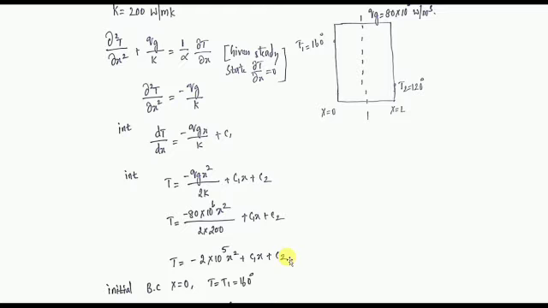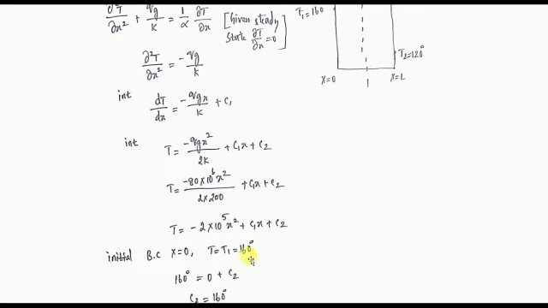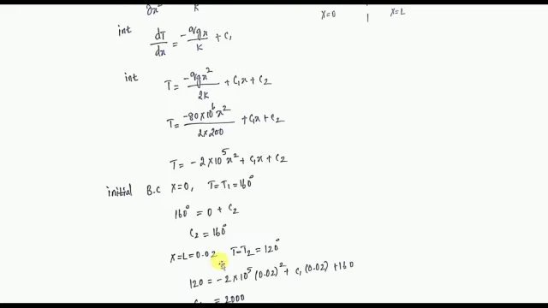So for that we apply the boundary conditions. At x equal to 0, the T1 is 160. If you substitute here, you will get C2. And for C1, you have to substitute these conditions, that is x equal to 20 mm.